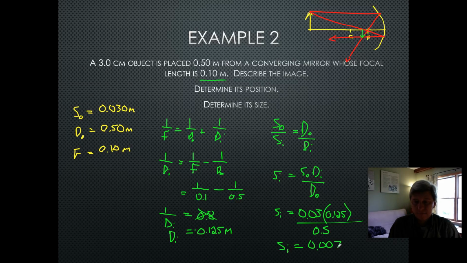Now, is that smaller than the 3 centimeter object? You bet your sweet bippy it is. And therefore, this all does make sense. The only thing I should have fixed was this, which should be 0.13, because all our numbers only have one significant figure.